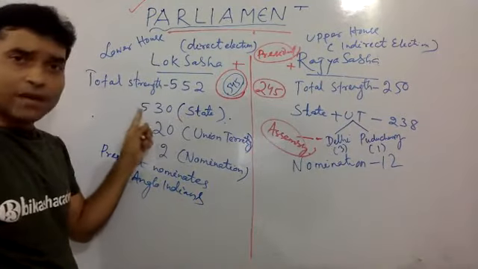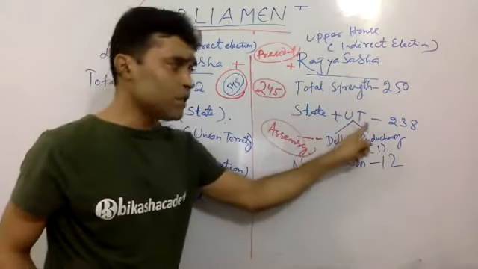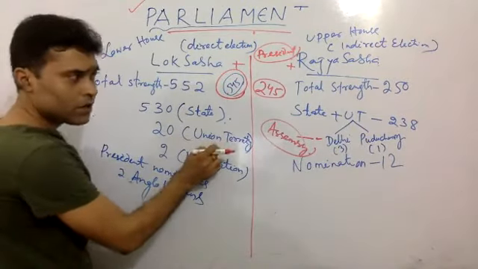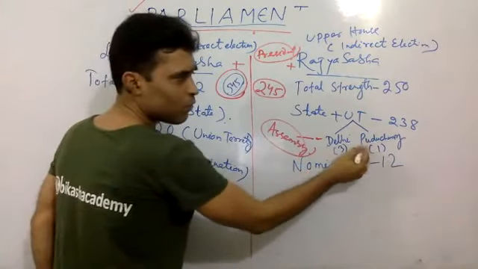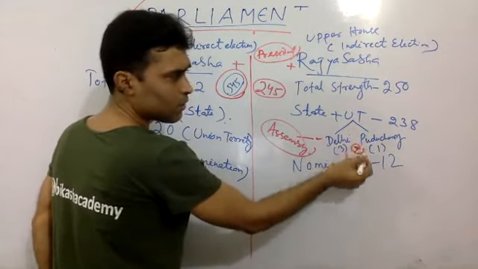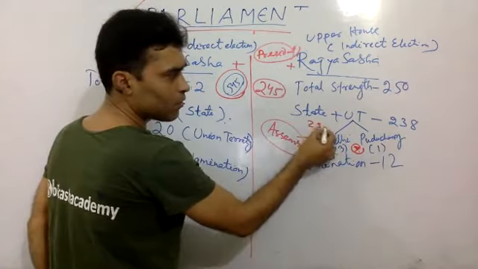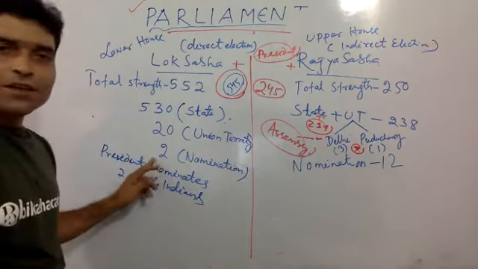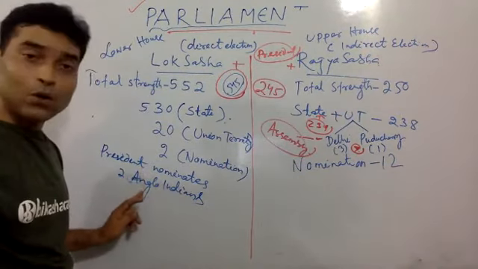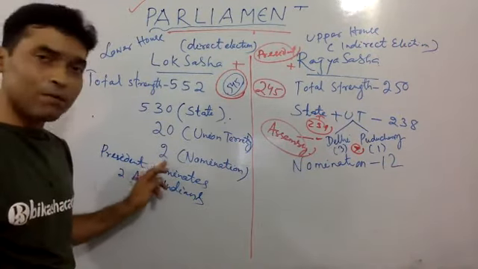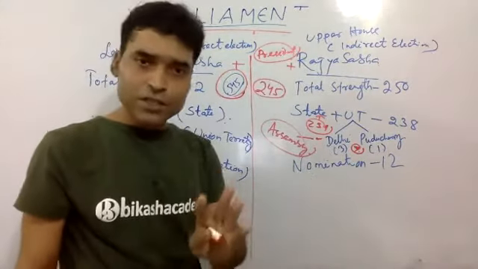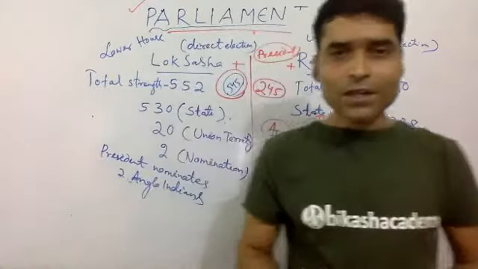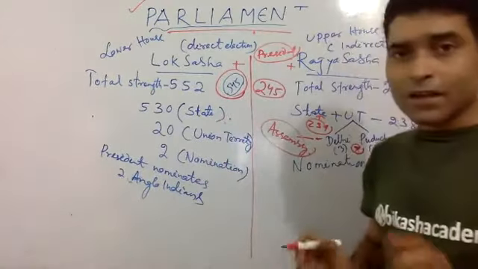Here from state 530. Here state plus union 238. Here 20 from Union Territory. Here 3 plus 1, 4 from Union Territory, and the rest 234 from state, right, at present. Here nomination is from Anglo-Indians by President, 2 members. Here nomination by President, but 12 members. This is the overall view of organization and composition of Parliament, right?